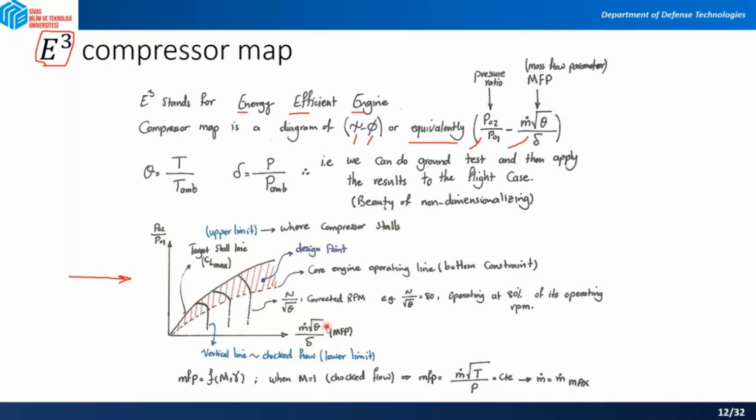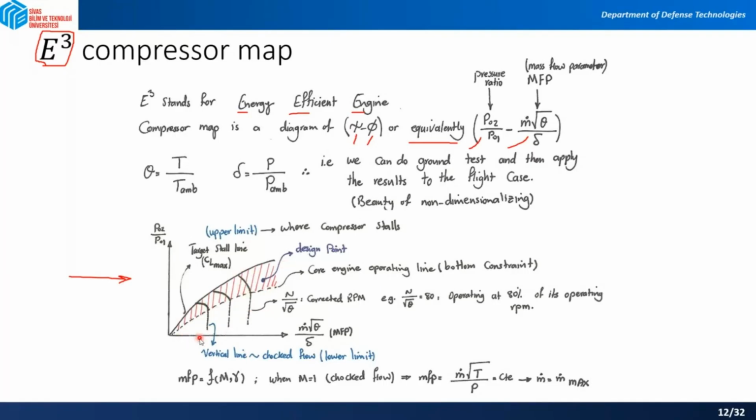Whatever comes in cannot go out, so the mass flow rate is decreasing or increasing. By changing the mass flow rate, they measure the pressure ratio and draw the first curve. Then they change the RPM of the compressor and do it again and again.